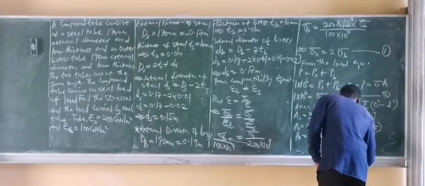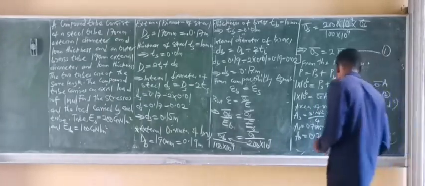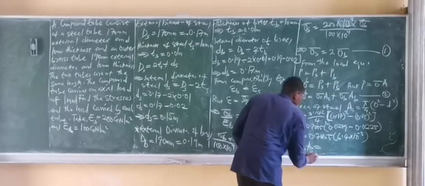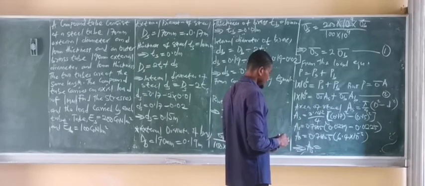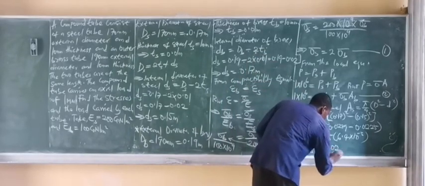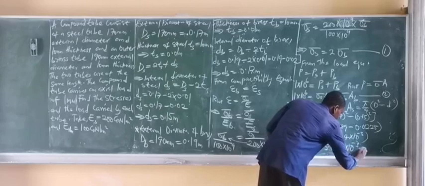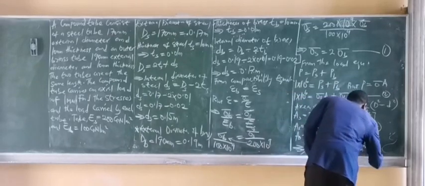Multiplying by 0.7855, the area of steel is equal to 5.0272 times 10 to the power minus 3 meter square. So this is the area for steel.